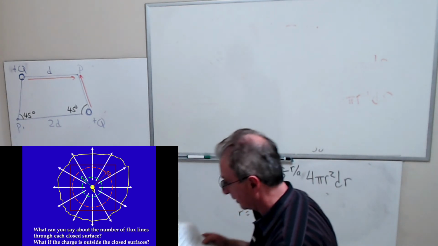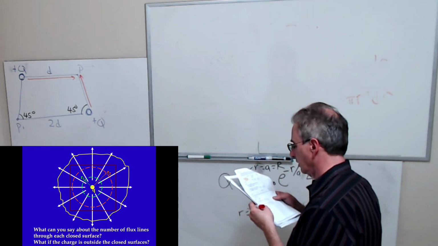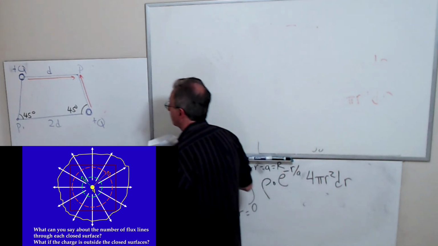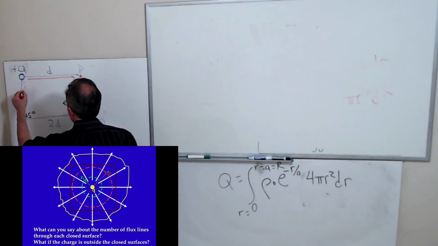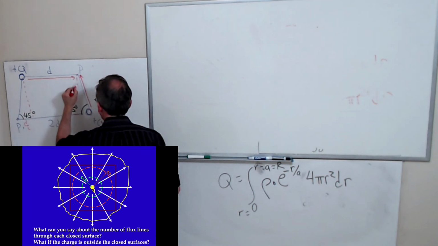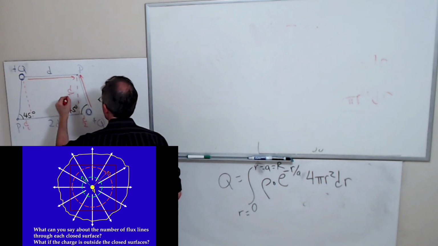We're getting the height to be just d over 2. Well, this has to be d over 2. This has to be d over 2. And so yeah, this has to be d over 2.